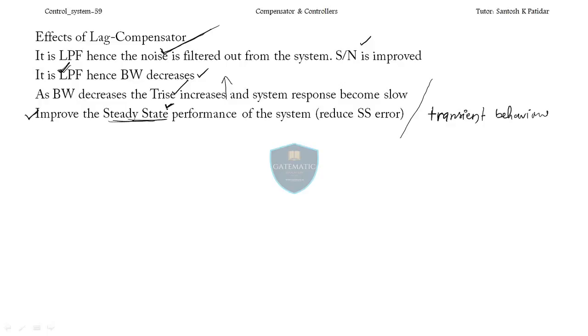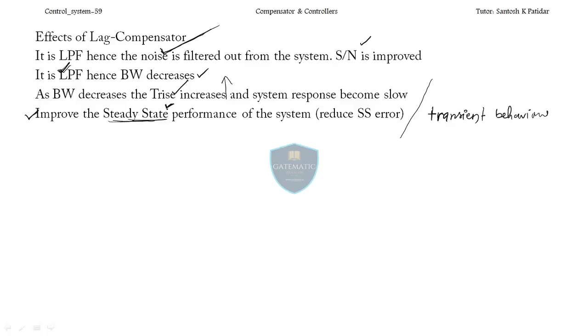You are going to apply something and you want to get some output from the system, isn't it? You are not interested in transient behavior, what the system is going to do inside. No. If you switch on, the fan should rotate or not. So the steady state performance of any system should be perfect. Perfect means the steady state error should be very less.